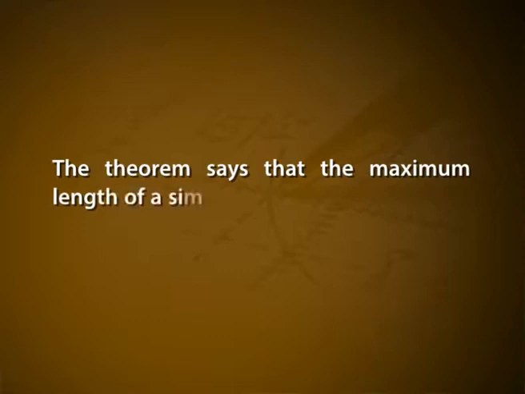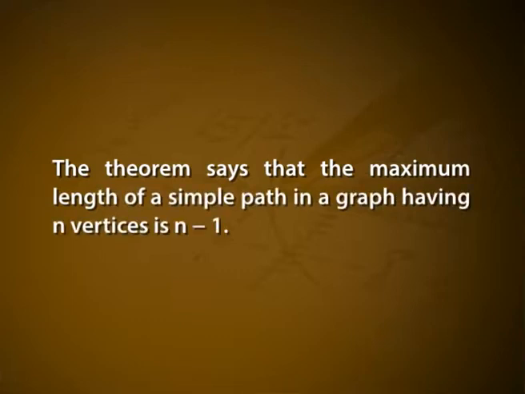Deleting the edges in the path that lead Vk back to Vk, we have a path from V1 to V2 that has fewer edges than the original one. This argument can be repeated until we have a path that has n-1 or fewer edges. Note, the theorem says that the maximum length of an elementary path in a graph having n vertices is n-1.